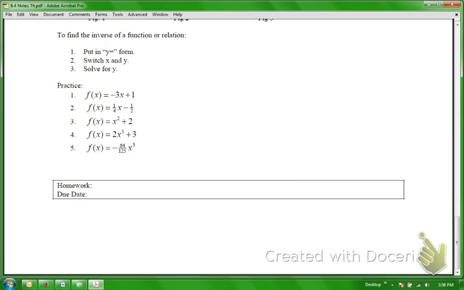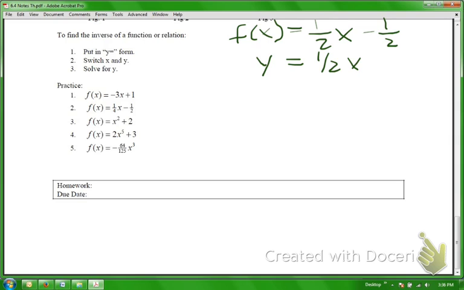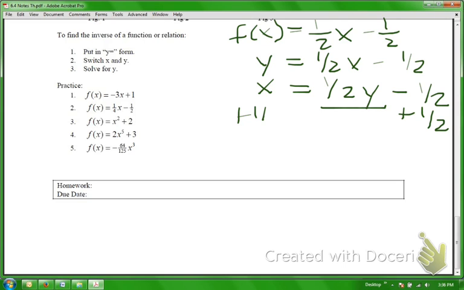So let's do the next one. Let's do number 2. f of x equals 1/2 x minus 1/2. All right, I want to put it in y equals form. So I've done that. My next step says to switch x and y. So now I have x equals 1/2 y minus 1/2. Notice I didn't switch anything else. Now I want to solve for y. So I'm going to add 1/2 to both sides.